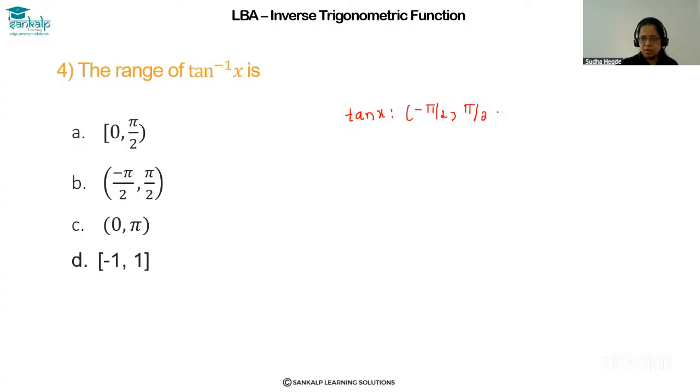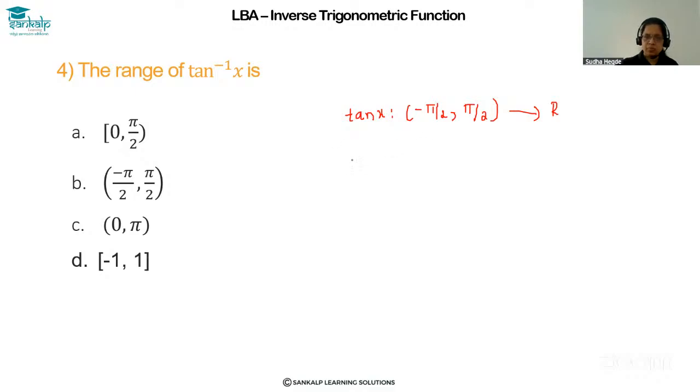The codomain is R because tan minus pi by 2 is minus infinity and tan pi by 2 is infinity. The whole R it covers. Therefore, in this range, it is bijective.